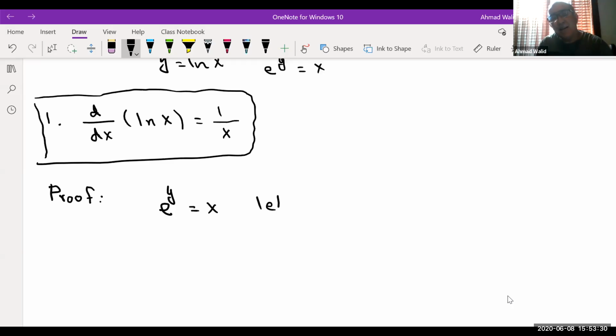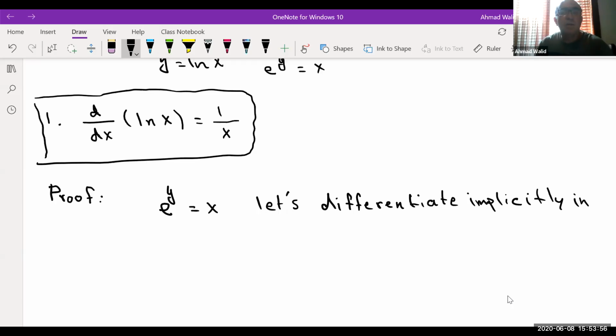Let's differentiate this equation implicitly in respect to x.